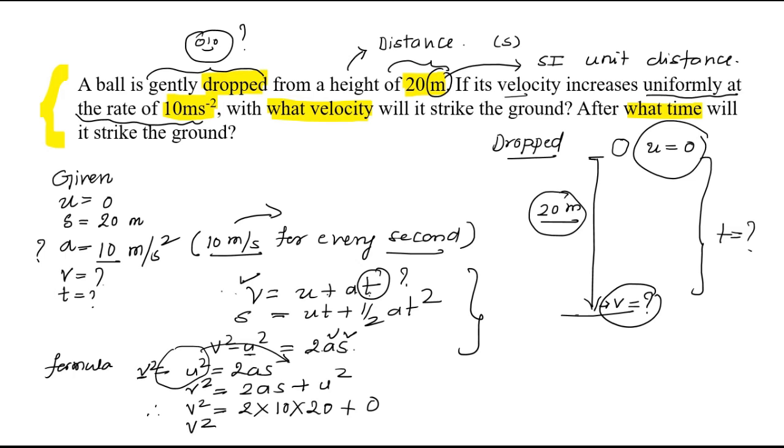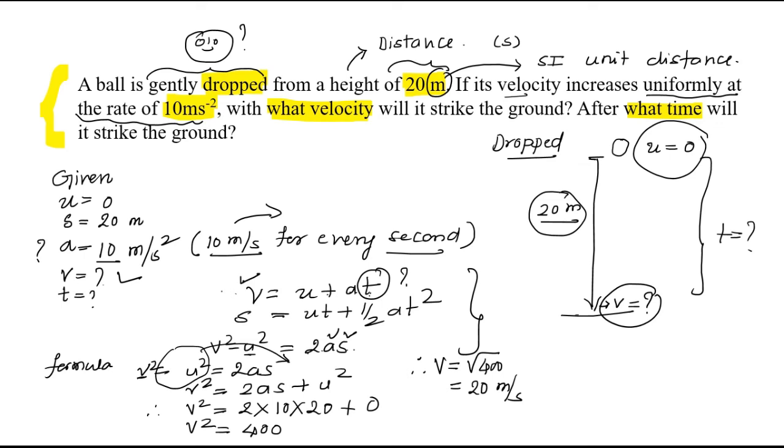So v square is equal to 400. If you multiply all this, it becomes 400. Therefore v is equal to square root of 400, and we know very well that the square root of 400 is 20. And 20, what is the unit? Meter per second. So we have found velocity.